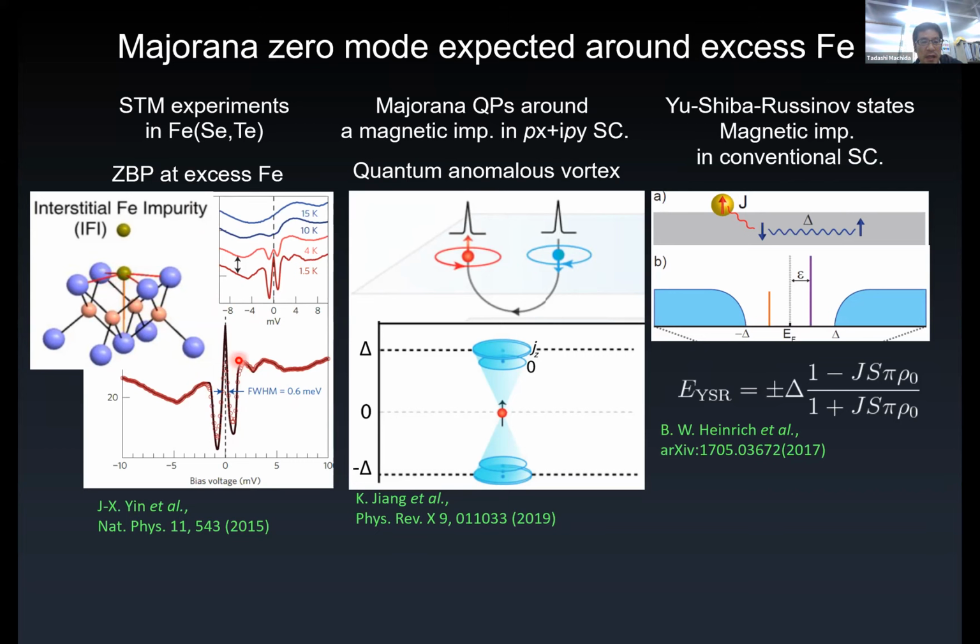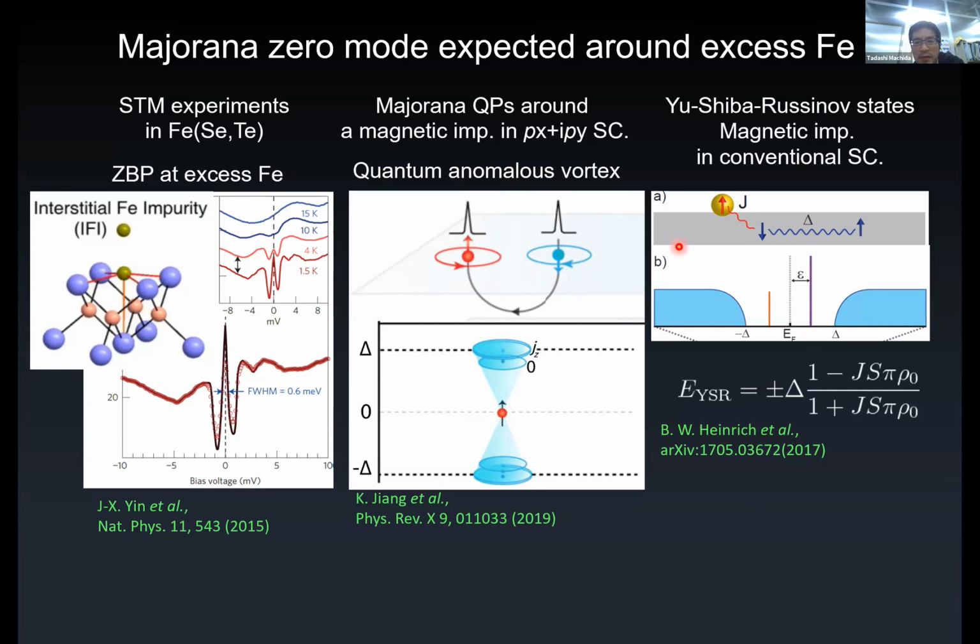After these measurements, it has been theoretically predicted that the Majorana particle can appear around the excess iron impurities when two of the excess iron impurities form vortex and anti-vortex pairs, which is called the quantum anomalous vortex core.